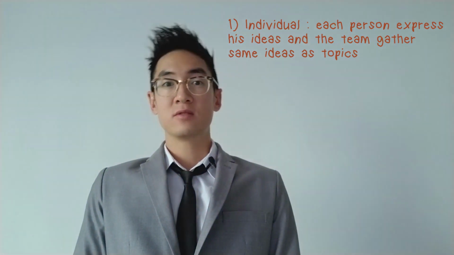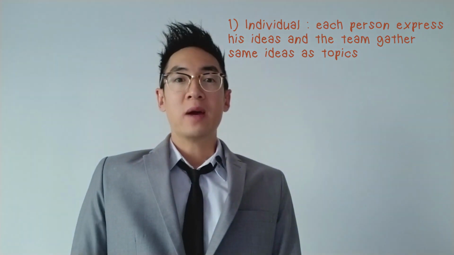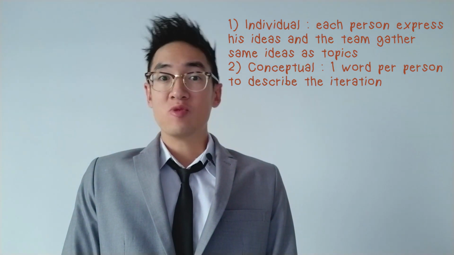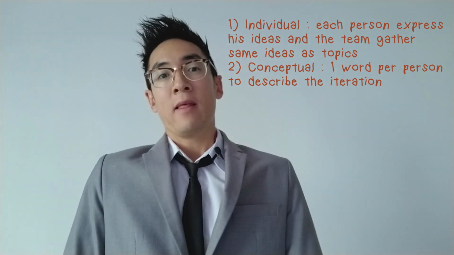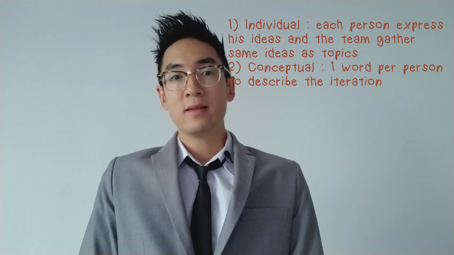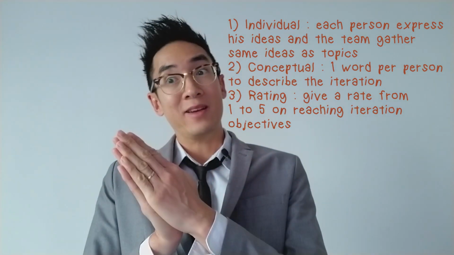The second one is the conceptual technique. Each person has to write or share one word that describes the iteration. Finally, the rating. During the rating, each person has to rate the iteration objectives from 1 to 5.